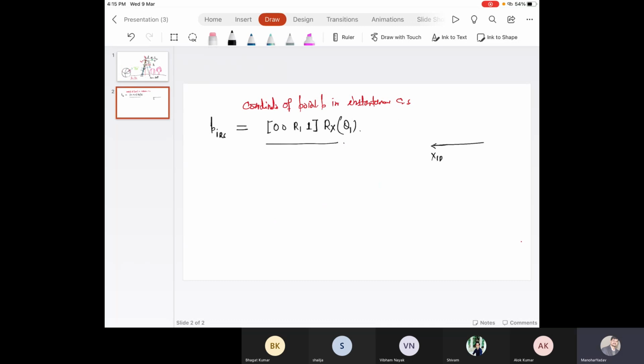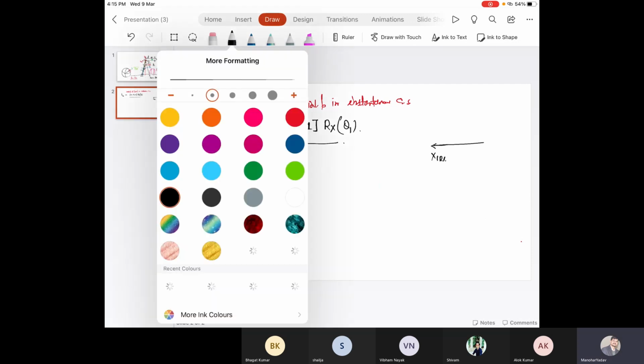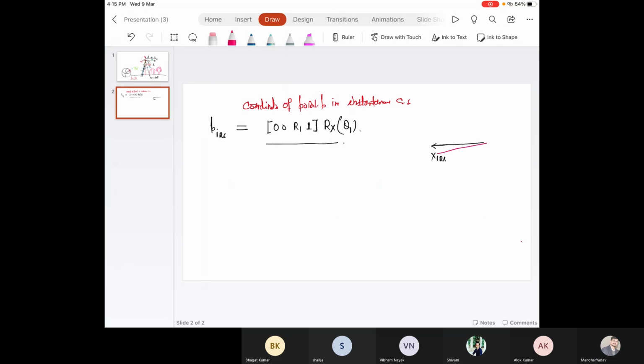We have XIRS, and with a little offset we have XIMU. Similarly, towards the right wing we have YIRS, and downside we have ZIRS.